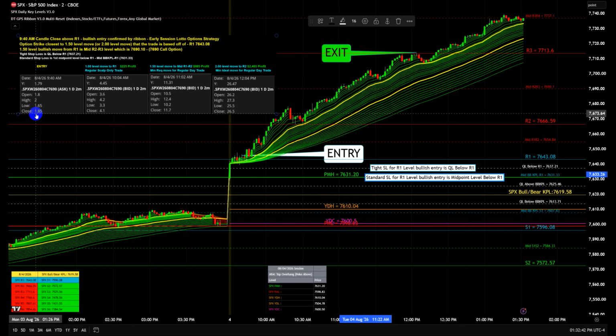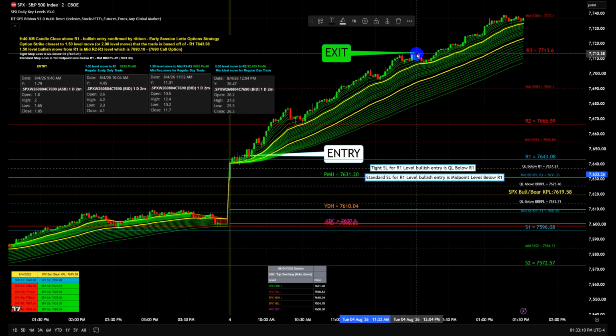However, you only put up $185. 1.5 level move, 11:02 a.m., mid R2, R3. Now the bid is $11.70. That is going to be a profit of $985. Again, starting from $185.